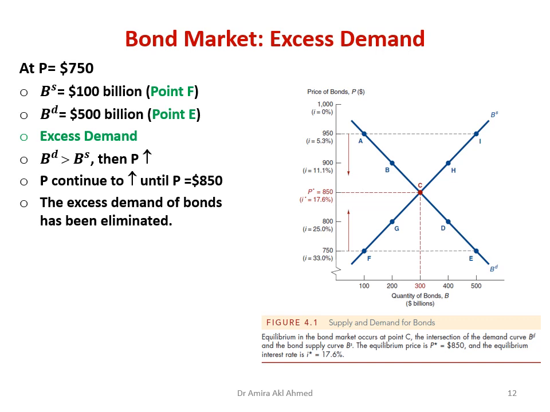Assume that the price of bonds is set very low at say $750, which is below the equilibrium price. At this low price, the quantity demanded at point E is $500 billion, whereas the quantity supplied at point F is $100 billion.